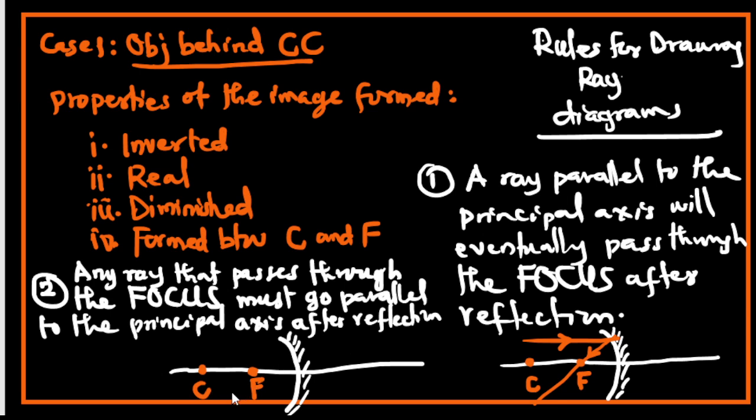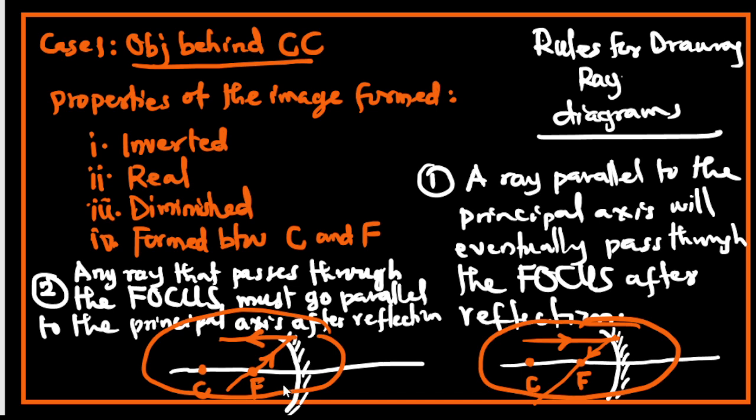What the rule is telling you is that if there happen to be a ray that passes through the principal focus, this is me drawing a ray that passes through F. Now watch the arrow. The arrow indicates that it is an incidence, and we expect a reflection. It's telling us that the proper way to draw this reflection is to draw it parallel to the principal axis, since the ray passes through the principal focus. Can you see that?